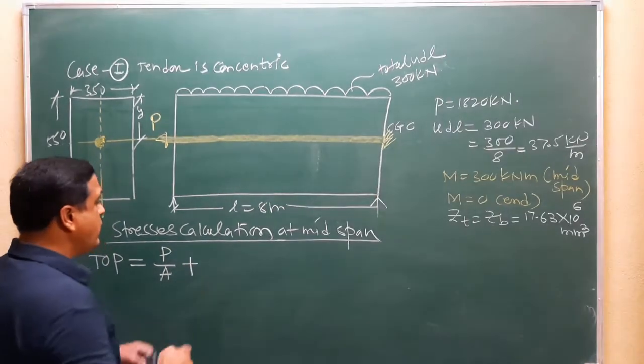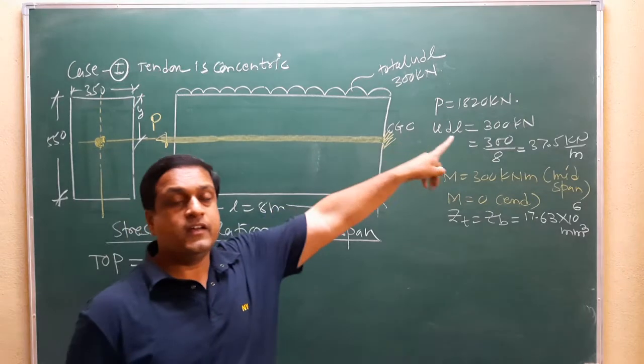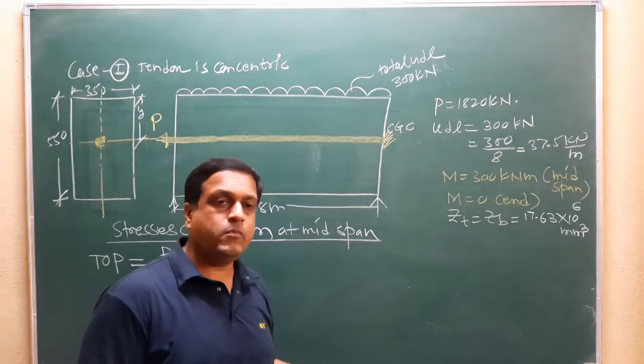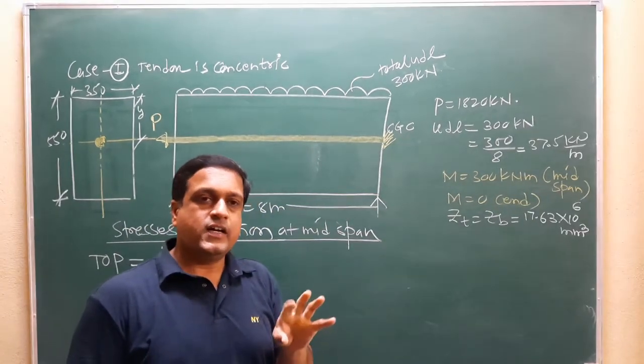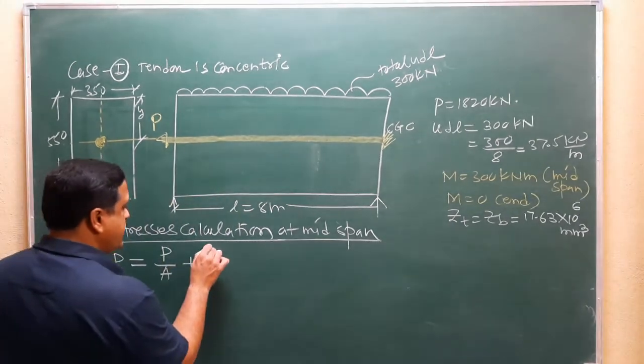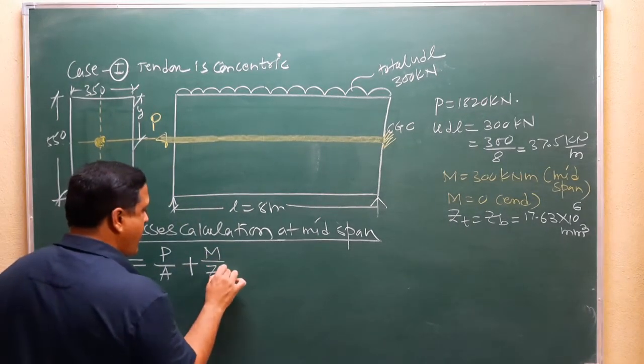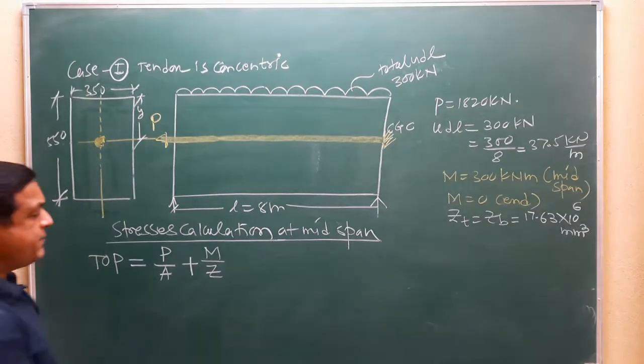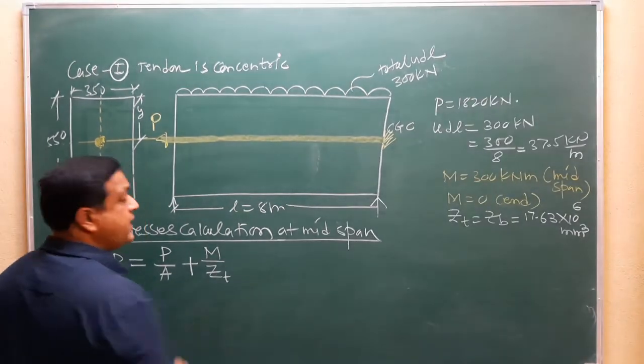Then stresses are developed due to the external loading, dead load and live load. But in this problem, the dead load and live load are combined. So it is M by Z, and we are calculating the stresses at top, so you have to put it at top.